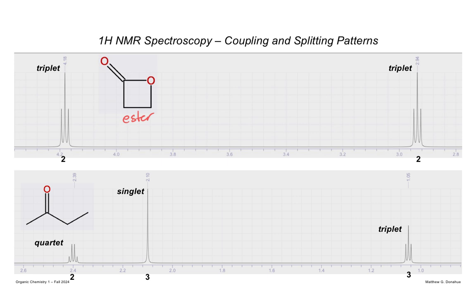Overall, we can see there's a signal here at 4.18 and a signal here at 2.94, so those are two signals. The number below is the ratio or integration, and so we have those two CH2 groups. And then based on the chemical shift, we can make some assignments.